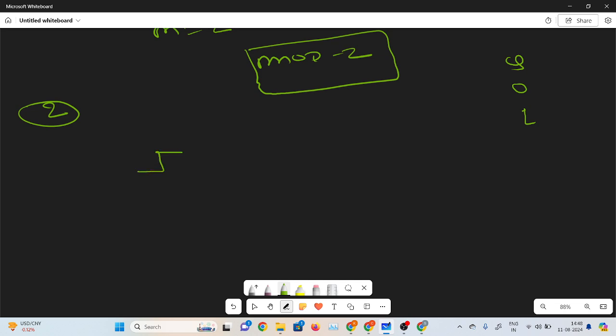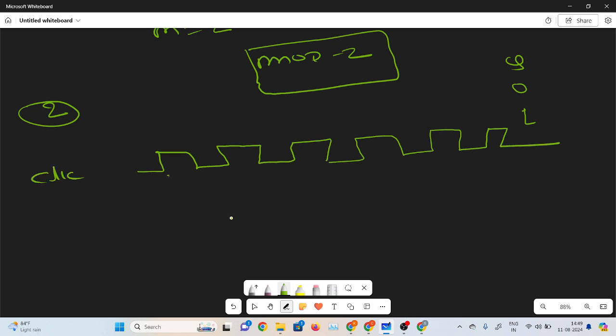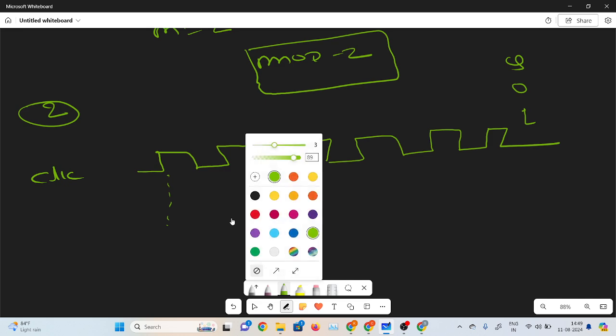So how will we design it? There is a clock pulse, and that is the input frequency we already have. This is the input frequency, and the clock signal is already given.